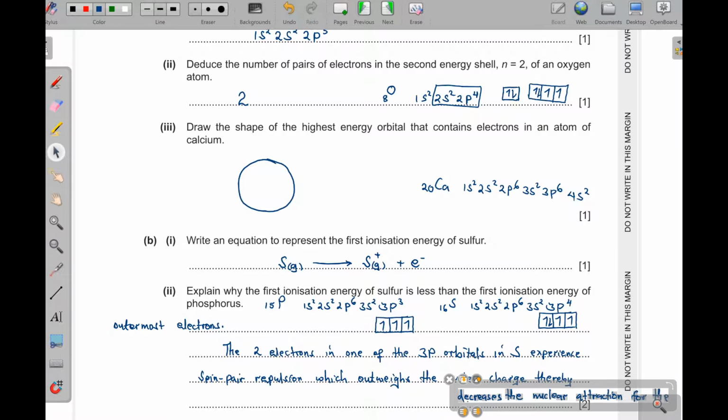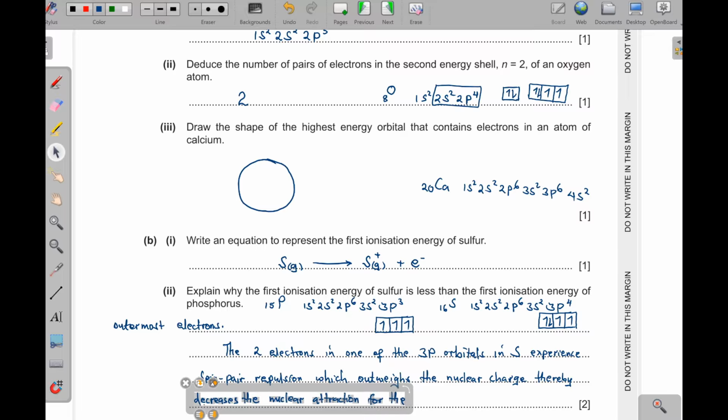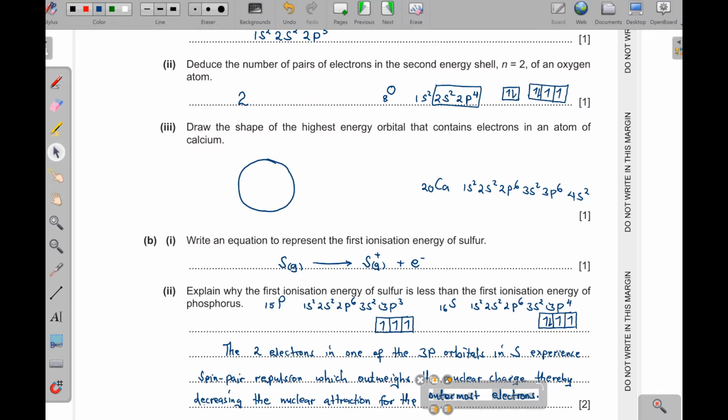So, which outweighs the nuclear charge, thereby decreasing the nuclear attraction for the outermost electrons, like that.